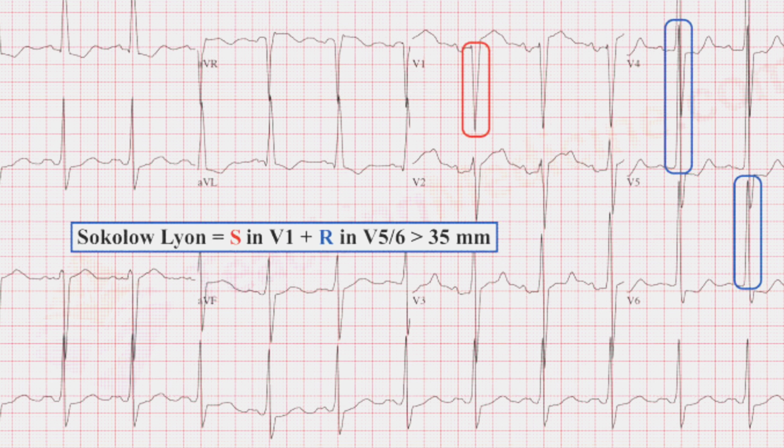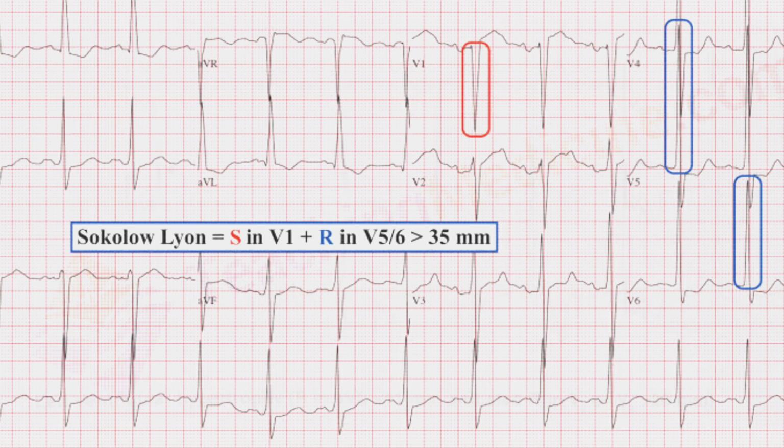Combining both V1 and V6, there is a clear combination greater than 35 millimeter, or greater than 35 small square boxes, which clearly fulfills the criteria for left ventricular hypertrophy. So this was the ECG of left ventricular hypertrophy.